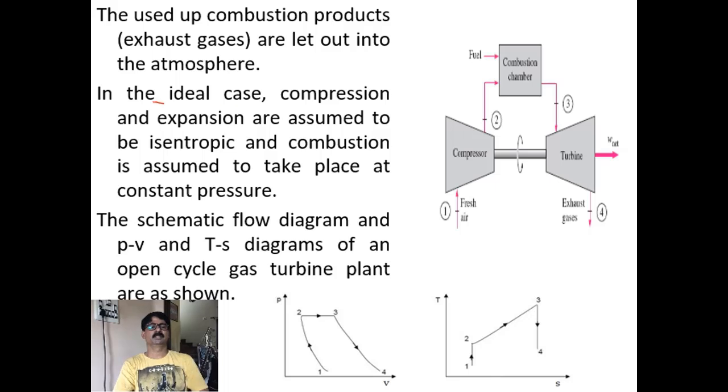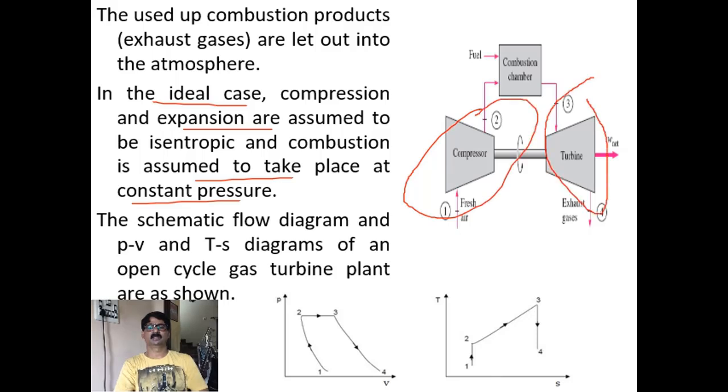In the ideal case, compression and expansion are assumed to be isentropic and combustion is assumed to take place at constant pressure. That means 1 to 2, the compression in the compressor, and expansion 3 to 4 in the turbine are assumed to be isentropic in the ideal case, and the combustion process takes place at constant pressure. So this is in the schematic diagram. The PV and TS diagrams are shown below.